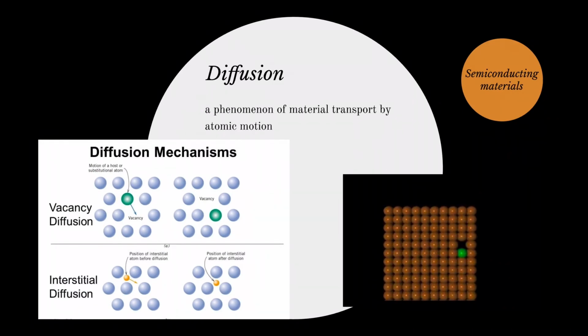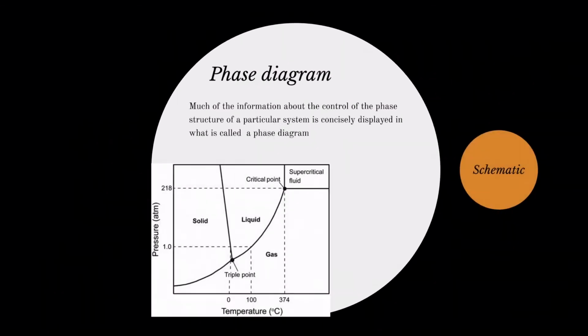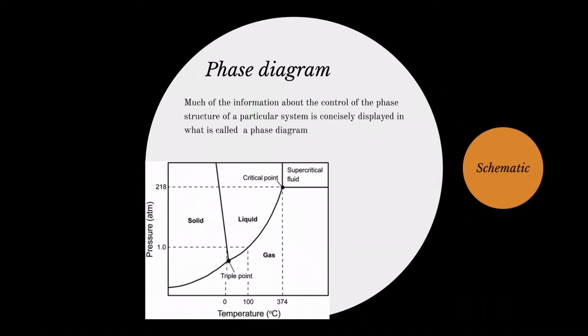Another topic is the phase diagram. This is also interesting because we learned from elementary school that water, this is the water diagram, can have three phases: solid, liquid, and gas.